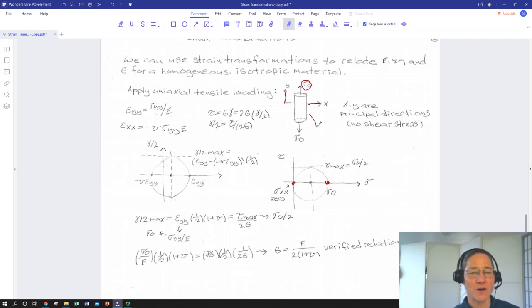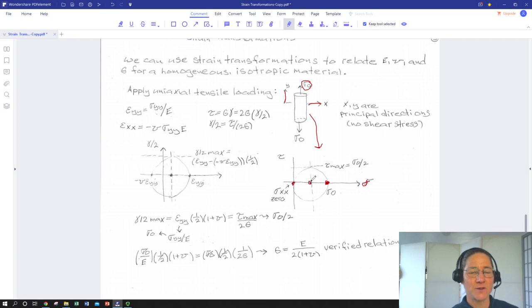So let's start with our Mohr circle for stress. We have our y direction here represented by normal stress, so sigma 0 in the y direction. And then x is 90 degrees on the part, 180 degrees on the Mohr circle, and it's at 0 because we're not applying any stress. It's a free surface.